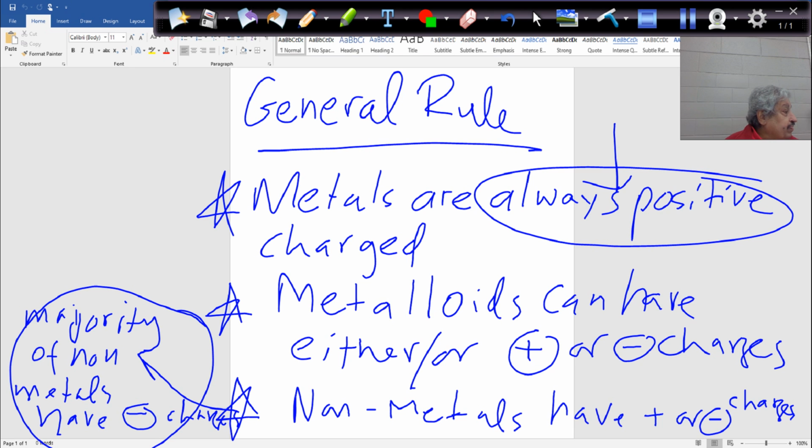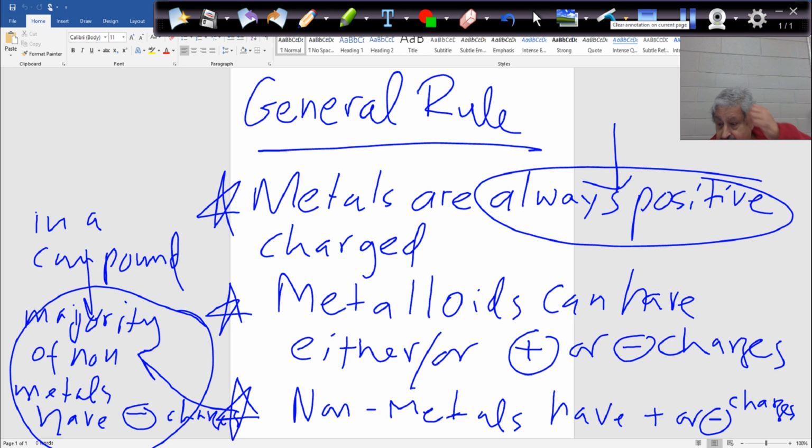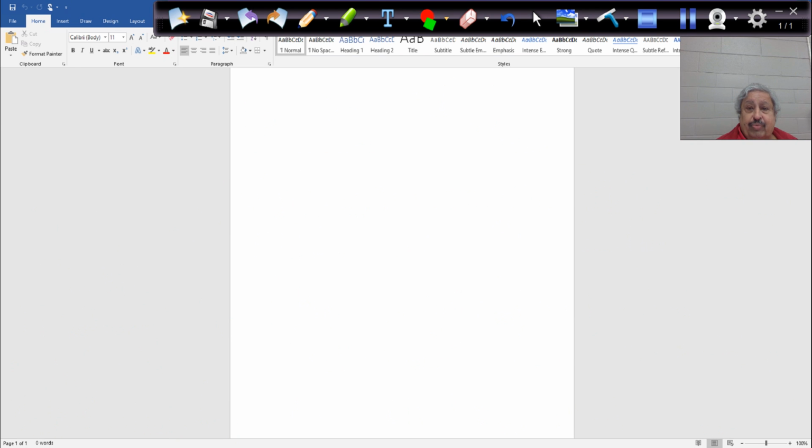Everybody is following? I can give you an example in a compound. Everybody has this one here. I can show you, we just went through an example here, which is very important. We had chlorine, correct?